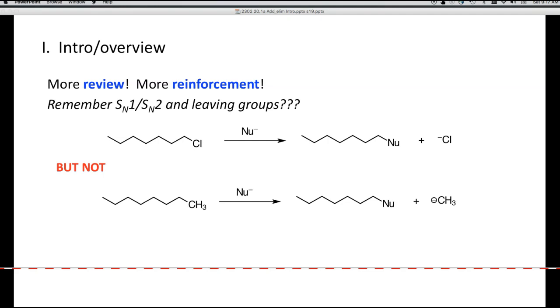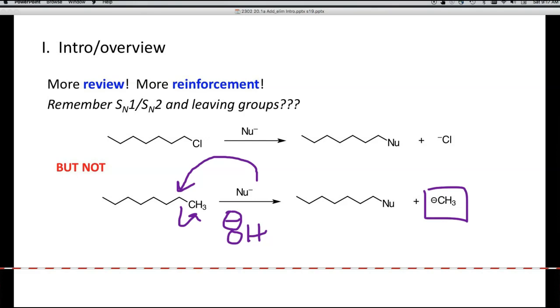In other words, why is it okay for my nucleophile to kick out Cl minus, but not kick out CH3 minus? Well, it's really thermodynamics and stability. If we think about a nucleophile like OH minus, which is a pretty standard nucleophile, we know that this is a very, very, very strong base, very unstable.